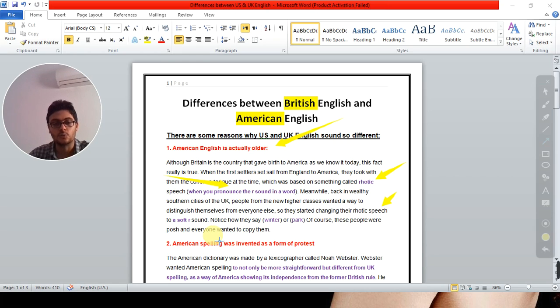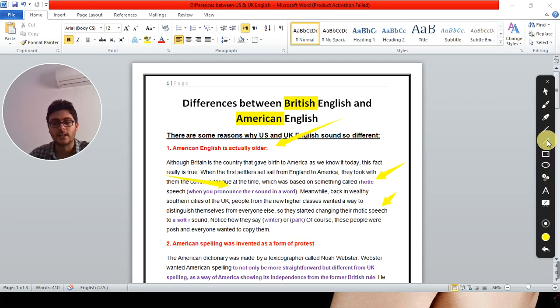They tried to soften the R sound. And of course, these people were influential and everyone wanted to copy them. By so doing, they invented a new way of speaking and pronouncing words, which is British English as we know it today. And this is the first reason.